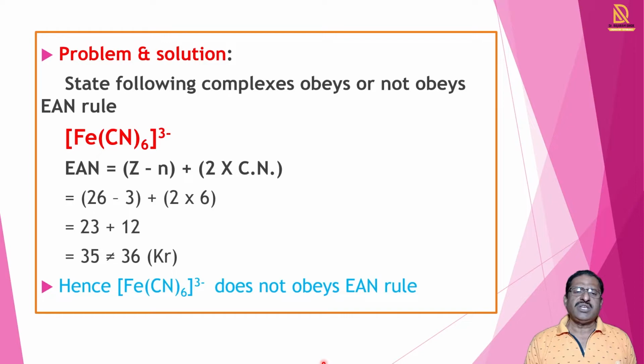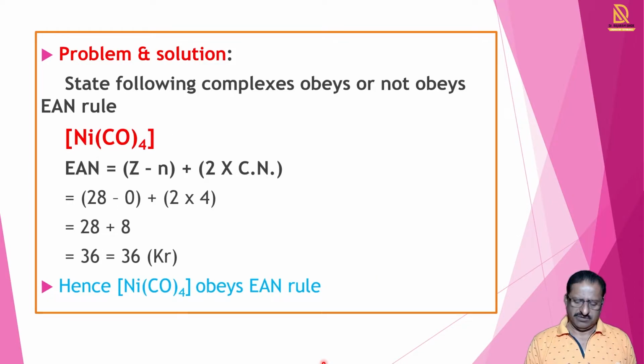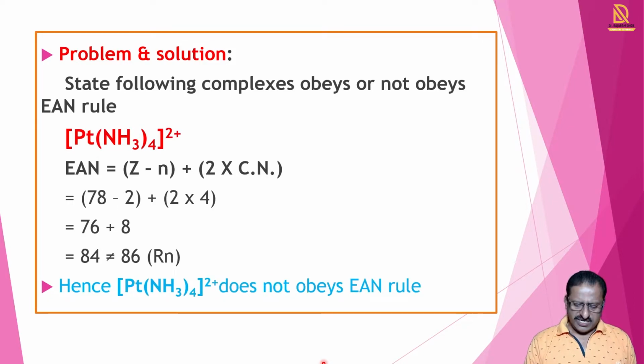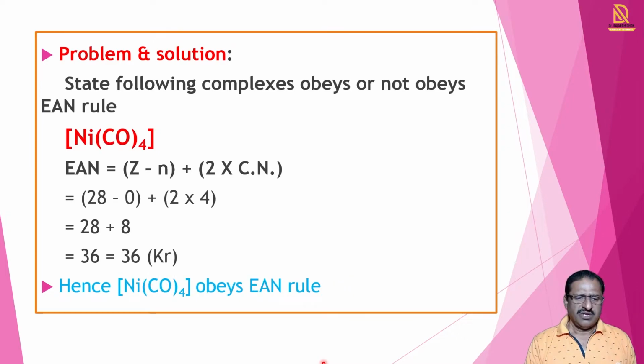Again, we see some other examples. Second example, here we take Ni(CO)4. Here nickel has atomic number 28. Carbonyl is a neutral ligand. So there are 4 carbonyls, but they do not have any charge or any oxidation number. So the oxidation number of nickel in this example is 0, so nickel does not lose any electron.